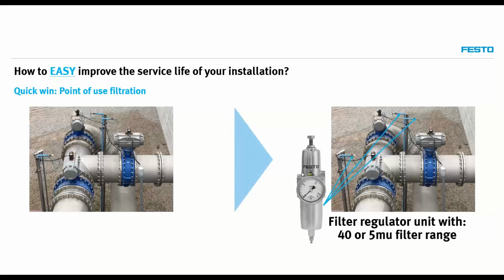What would we recommend? If we use a filter regulator, like our stainless steel unit, because this is apparently an outdoor application, it can be used in all types of weather conditions with a high corrosion resistance. We can add a 40 to 50 micron filter range at the outlet of these headers. Maybe we can even include, instead of having 3 headers, a single header with a small outlet header on the outside of the filter regulator.